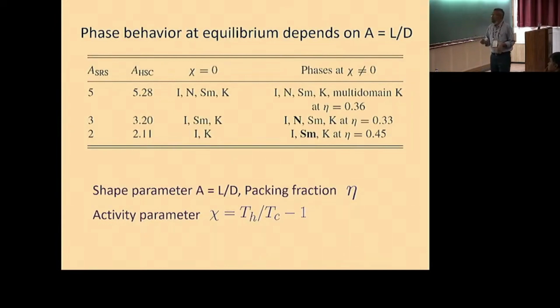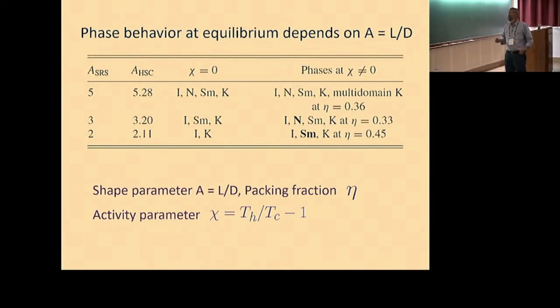And this is what is mentioned here, that this A is the ratio of L over D. As you change this A, then at equilibrium, when the temperatures are the same everywhere, you will see different phases. For a value of phi, you will see all these four phases.